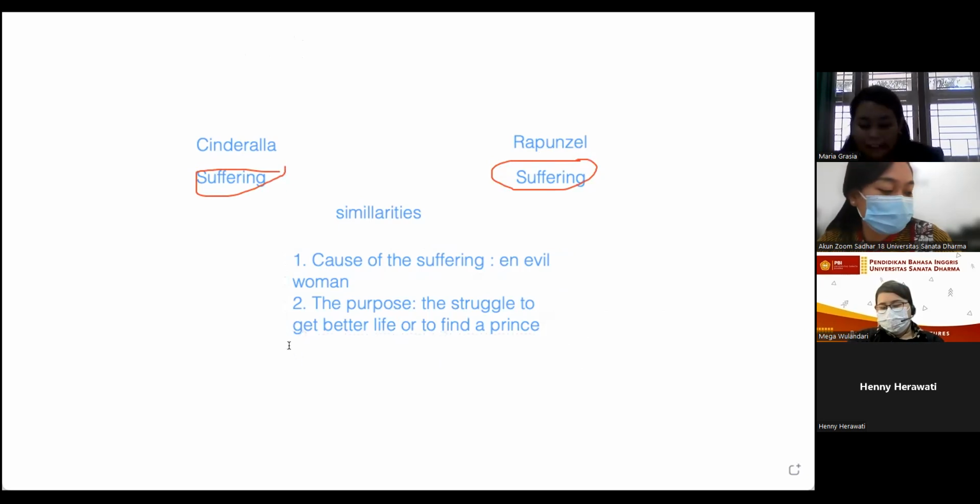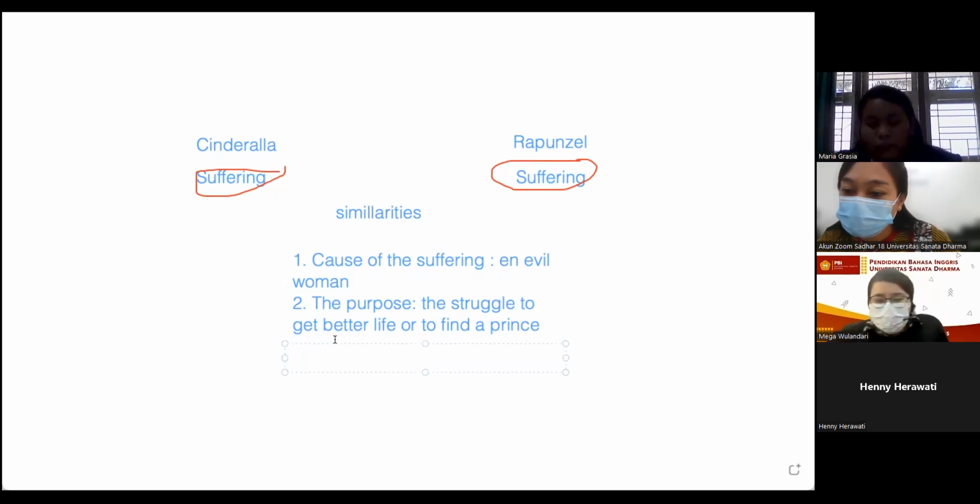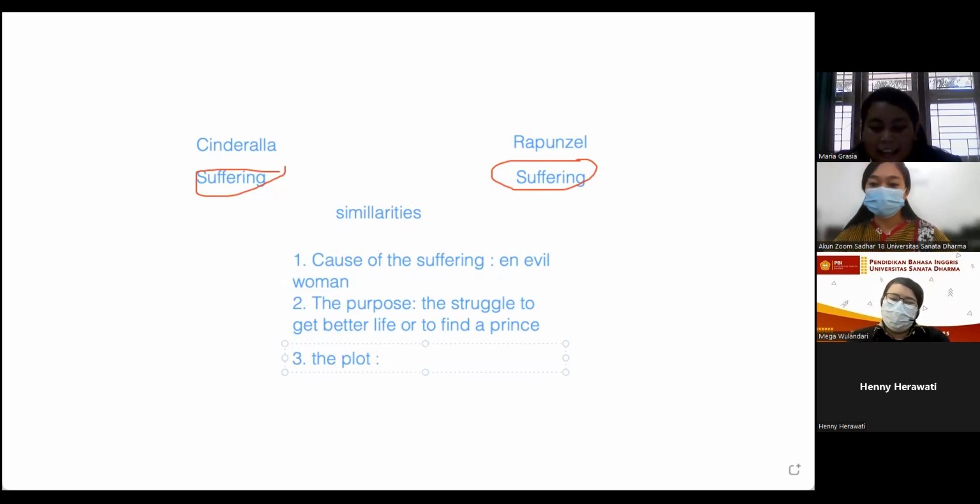When Cinderella lives with her stepmother, that's the same explanation as the previous one.